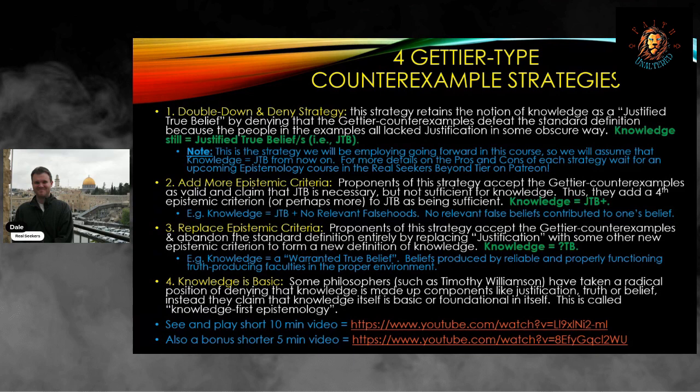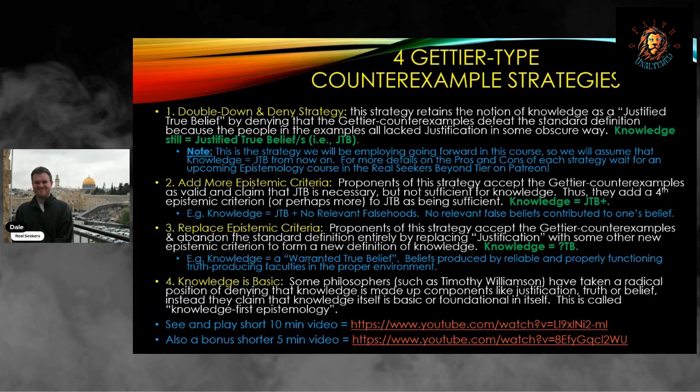Well, how do they do that? They claim that in each of these cases, good old Mr. Russell watching his hockey game, even though it seems like he's justified, really he's not. He lacks justification. And in that way, we can say these counterexamples don't disprove that propositional knowledge equals justified true belief.